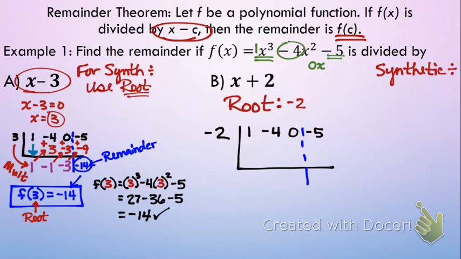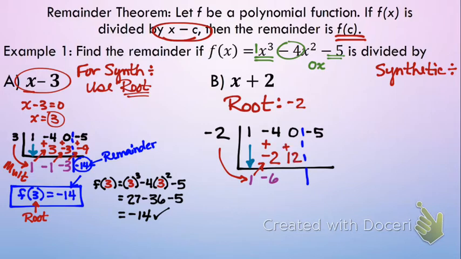Walk me through the process. Bring the 1 down. Multiply. Negative 2 times 1. Negative 2 and add. Negative 6. Multiply, I get 12.